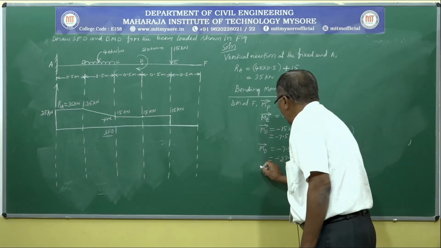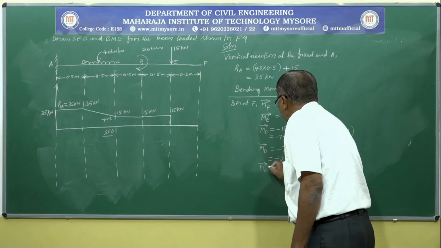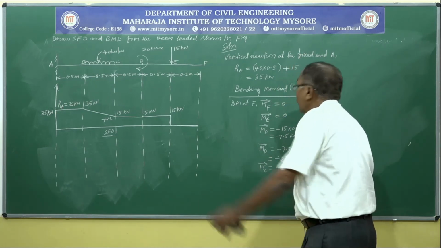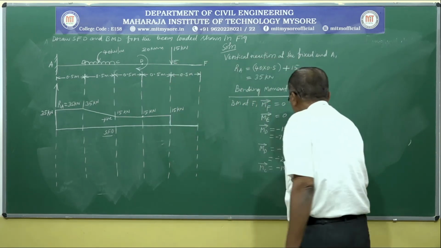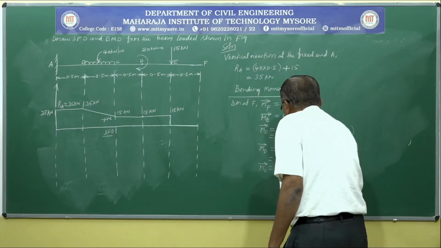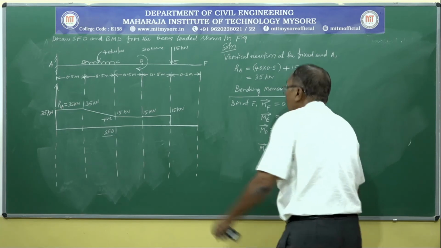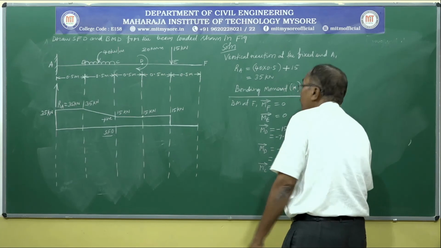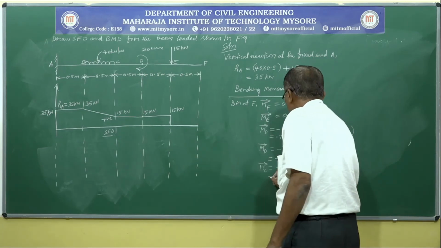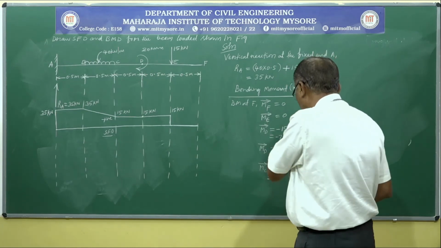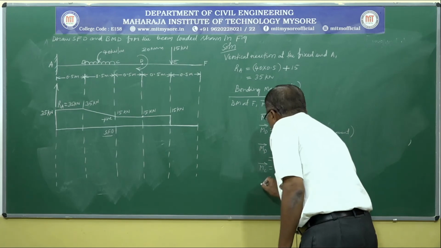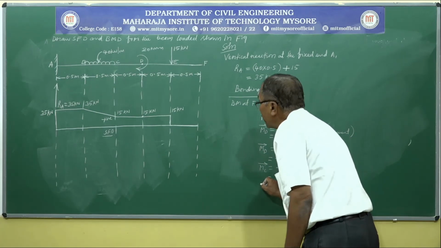Next, bending moment at point C, MC, considering the right hand side, minus 15 into 1, minus 20, consider moment as it is, that is equal to minus 35 kilonewton meter.